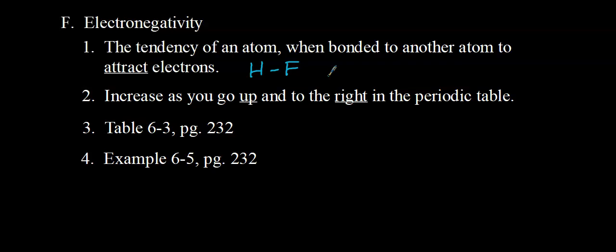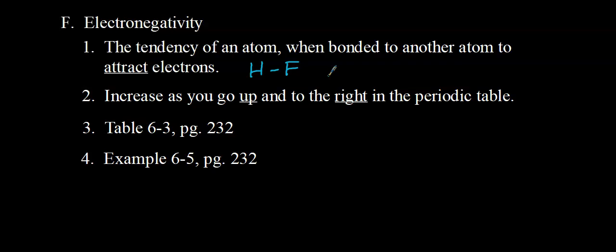There's a table in your book on page 232. Something you may notice is that there are a lot of exceptions to this trend. So the general trend increasing up and to the right. Just know that there are a lot of exceptions, and you don't need to know why those exceptions in this case exist. So just want to make you aware of that. Take a look at the bottom of the page. We're going to compare boron, sodium, fluorine, and oxygen.